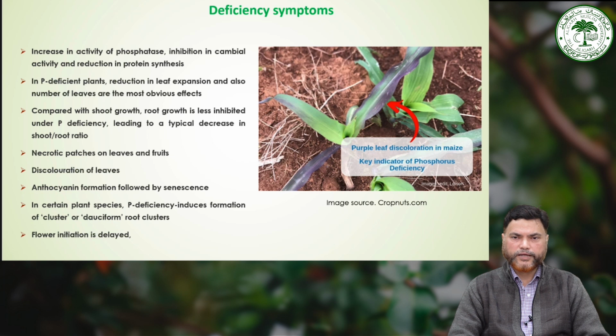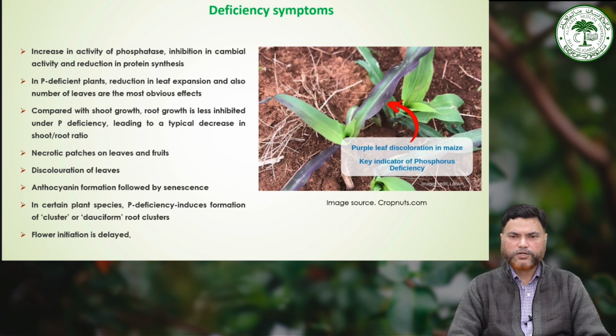Those plants that lack enough phosphorus, it has been noticed that their leaves do not grow as big as they should be, and they might not have as many leaves overall in the plants. So interestingly, what has been noticed is that when plants don't get enough phosphorus, their roots tend to grow more compared to their shoots, and this means that the ratio of roots to shoot varies.